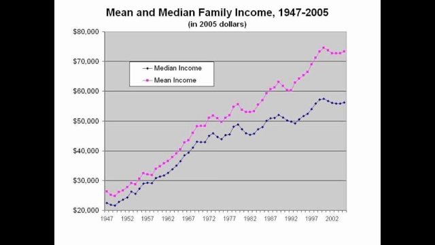But when the top half grows faster or falls more slowly than the bottom half, then the mean is pulling away from the median. There are a lot of explanations for why this huge gap between the mean and median income is seen today. A lot of it is perhaps attributable to the enormous income gains in the top 1% of earners in the United States.